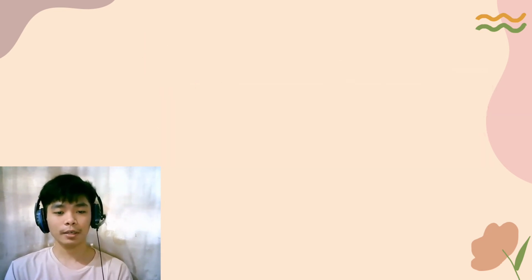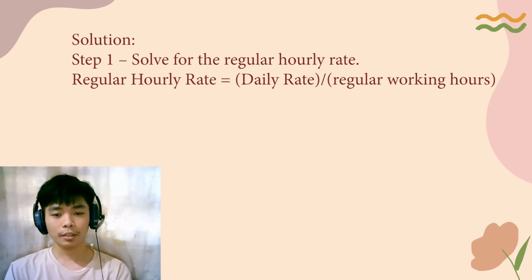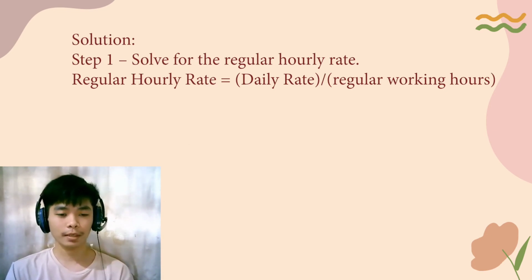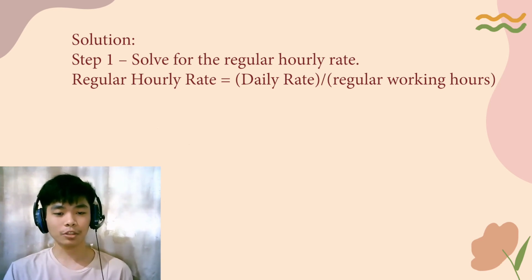The first thing to do is to solve for the regular hourly rate by using the first formula, which is regular hourly rate equals daily rate divided by regular working hours. Then substitute the values, which are 1,000 pesos for the daily rate and 8 hours for the regular working hours.